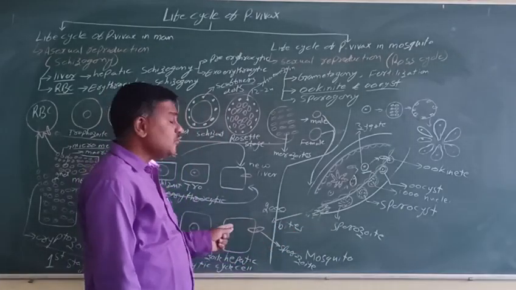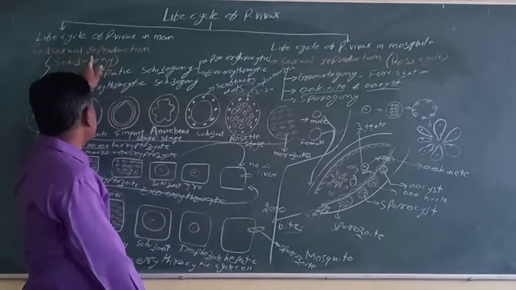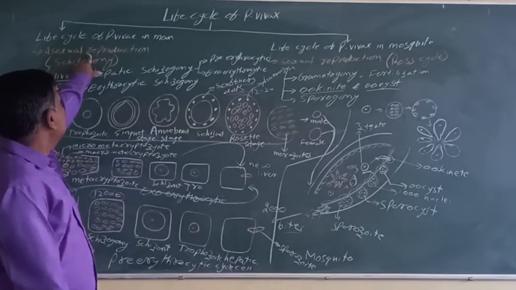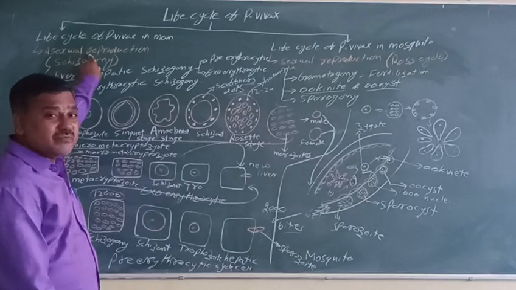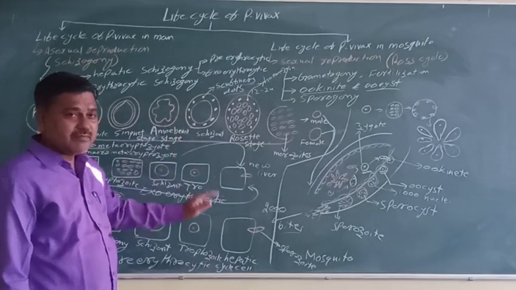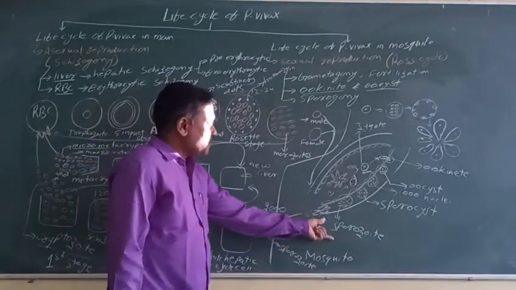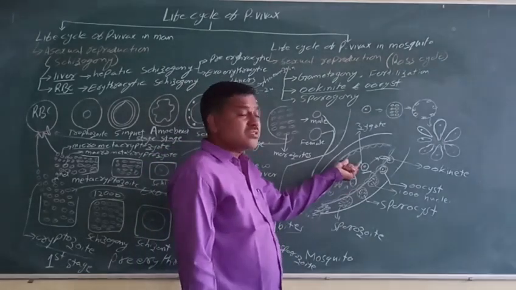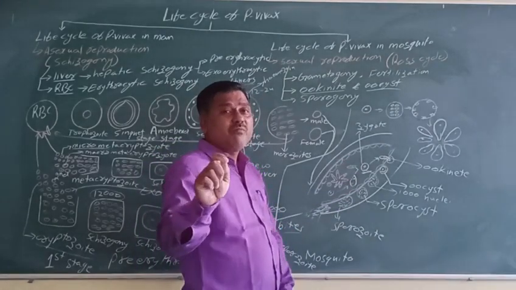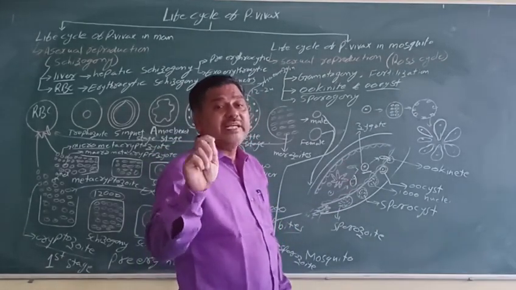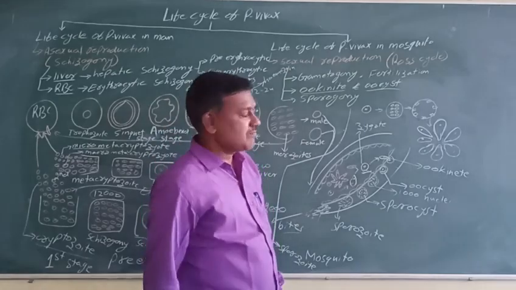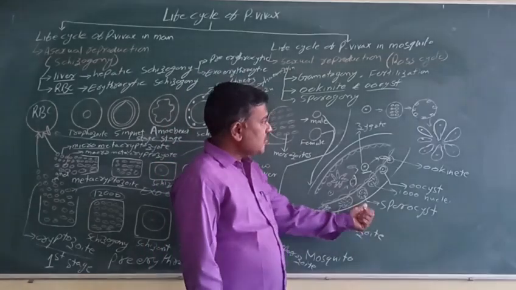They enter into the new host and start the asexual reproduction which occurs in man. Now keep in mind these sporozoites in the mosquito's body are formed in 18 to 24 days.